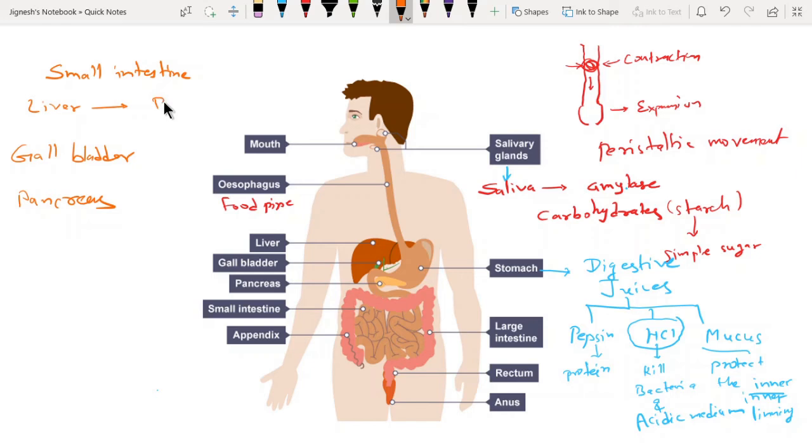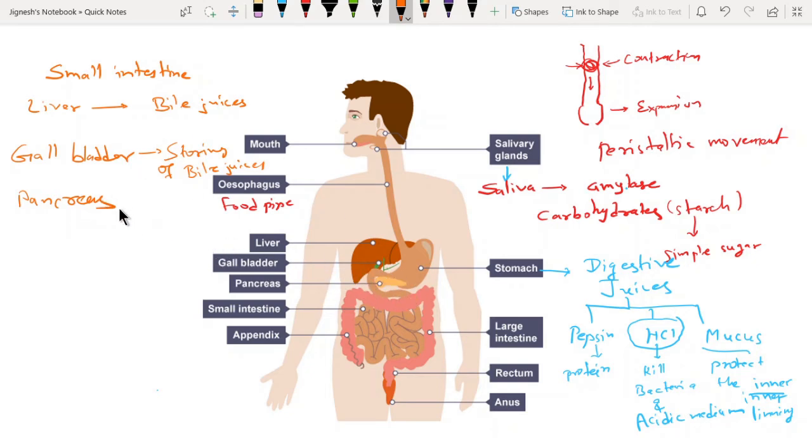The liver secretes bile juice, which is stored here in the gallbladder. This is the function of the gallbladder, and as and when required, it releases it into the small intestine.